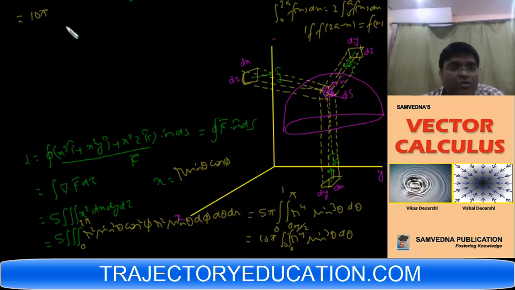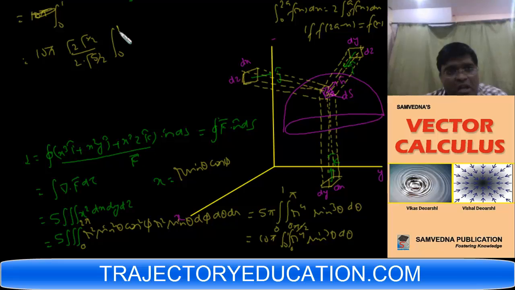Sin cube theta d theta from 0 to pi is basically equal to twice the integral from 0 to pi by 2 of sin cube theta d theta. So this is 0 to 1, and sin cube theta will be integrated as, I write this over here, sin cube theta d theta from 0 to pi by 2 will be gamma of (3 plus 1) by 2, that is 2, gamma 1 by 2, over twice gamma of (3 plus 2) by 2, 5 by 2. I am using the gamma function.